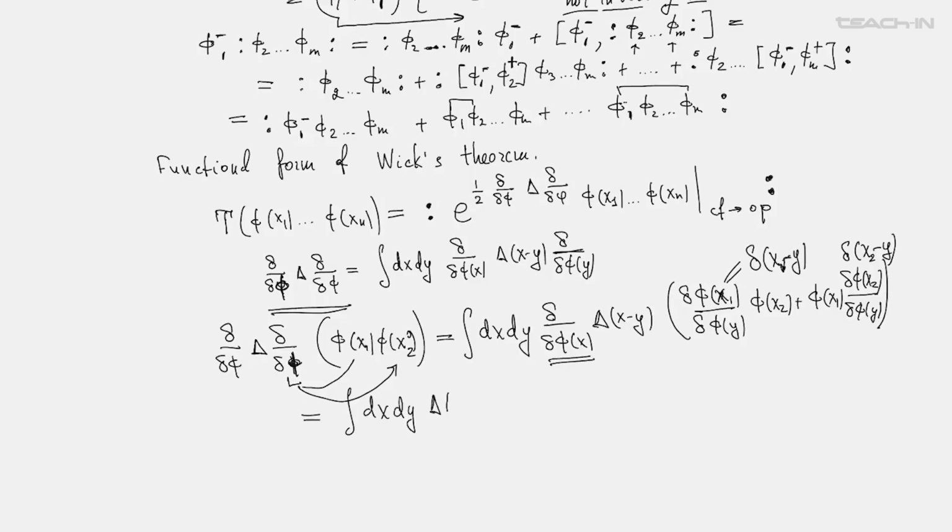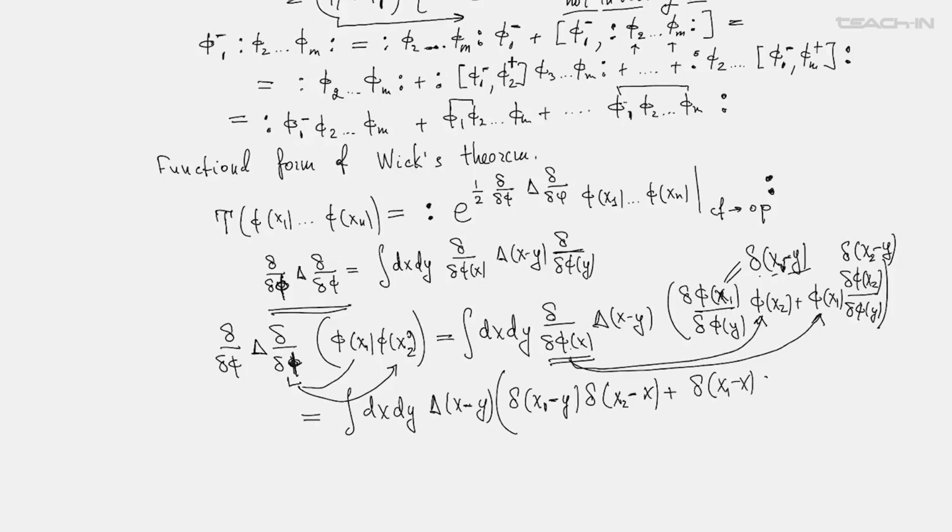And this will act first on this, and then it will act on this term. So you will get delta function x1 minus y. This is this one. And the application of functional derivative with respect to phi on x will produce another delta function, x2 minus x, plus delta function x1 minus x, delta function x2 minus y.